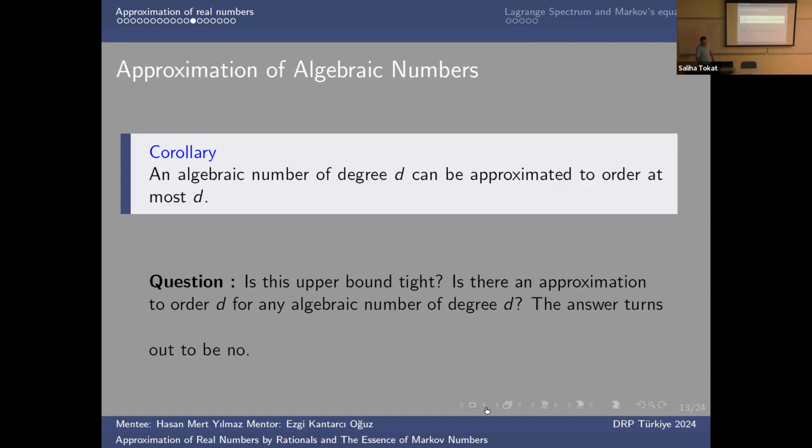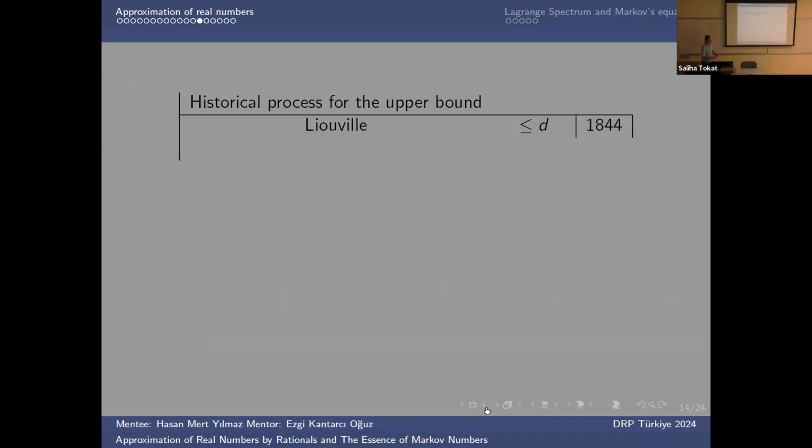The answer is yes. The preceding theorem was given by Liouville in 1844. Our upper bound is d.